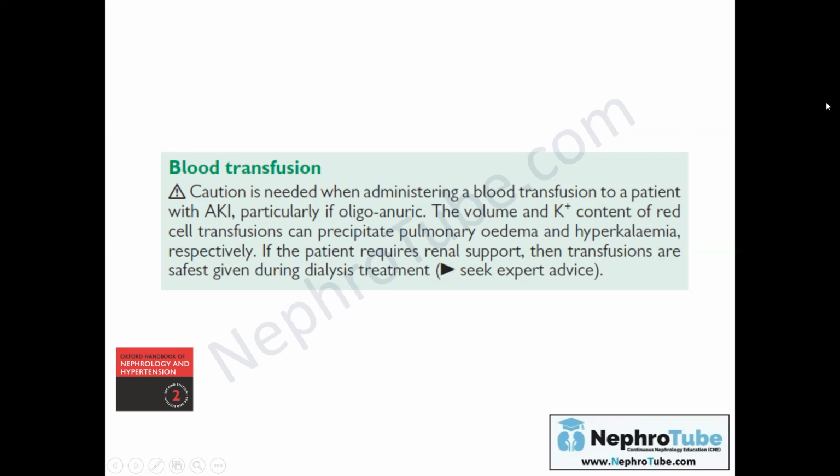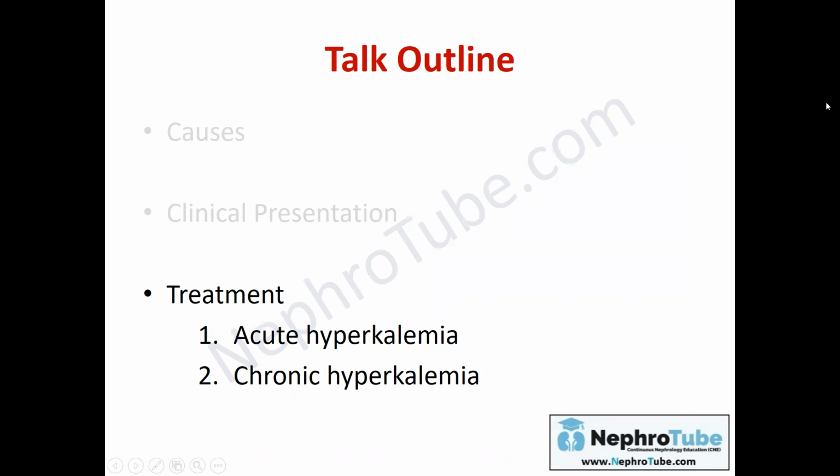So it is important for patients with high risk of hyperkalemia, such as end-stage renal disease, to transfuse the blood during the hemodialysis session to avoid a rapid increase of the potassium level in these patients.